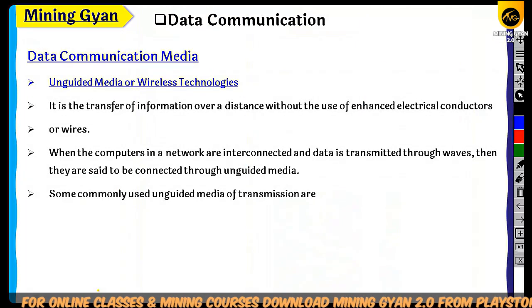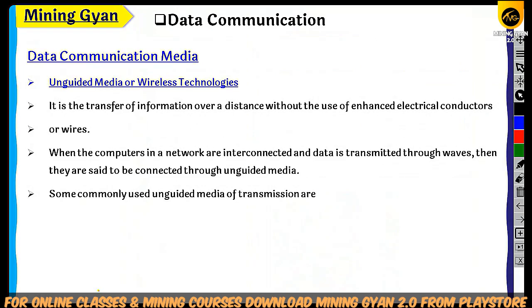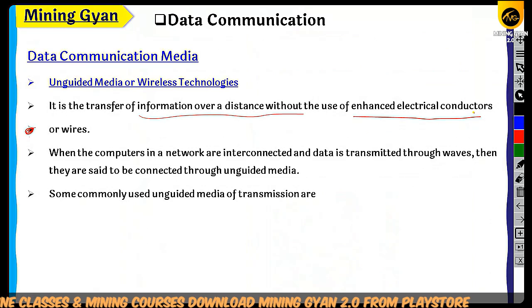Now the second category of data communication media is wireless technology. It is the transfer of information over a distance without the use of electrical conductors or wires. So basically, there is no need of any kind of wires.